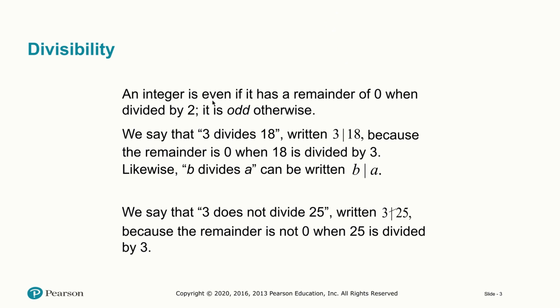An integer is said to be even if it has a remainder of 0 when divided by 2. We say that it is odd otherwise. This is one way of defining an even number.